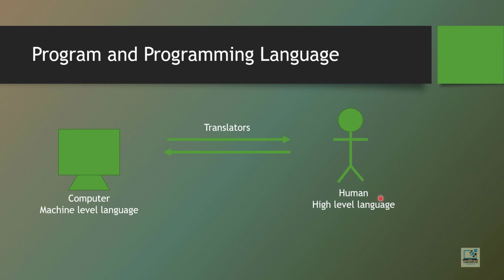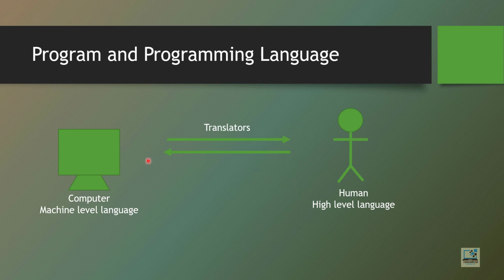For example, we use English, German, French, and other languages, even mathematics also. Now the problem is that a computer cannot directly communicate with humans because we are using high level language and the computer uses machine level language. So in order for us to communicate with the computer, there is a need of software which is called a translator.